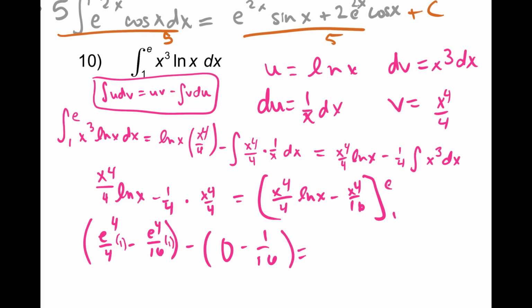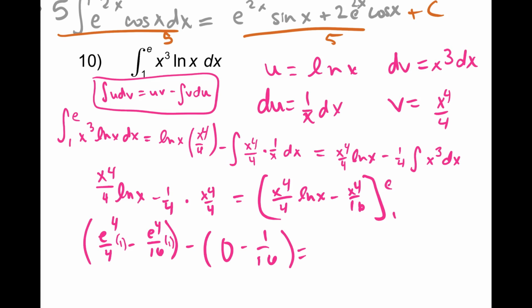Minus 0. Or no, it would be minus 1 over 16, right? Yeah, that makes sense. So can we just leave it in that form?